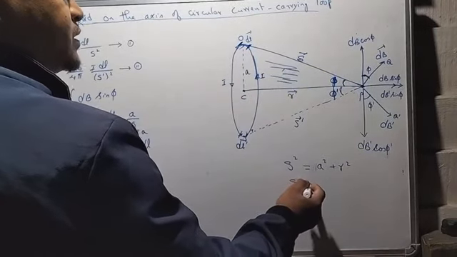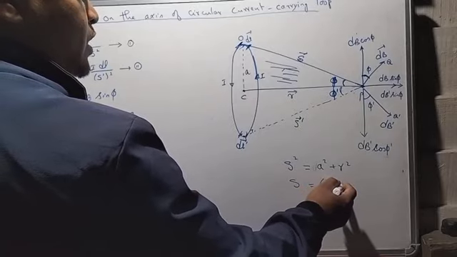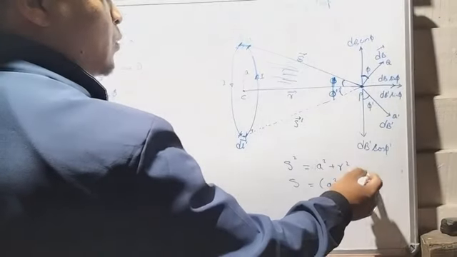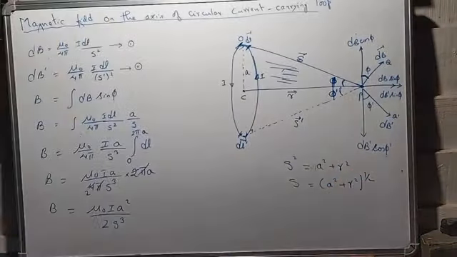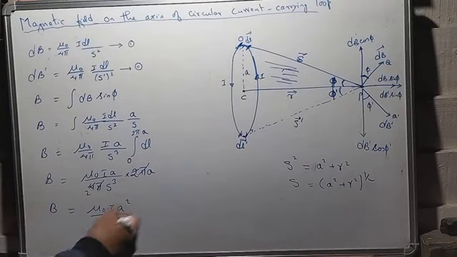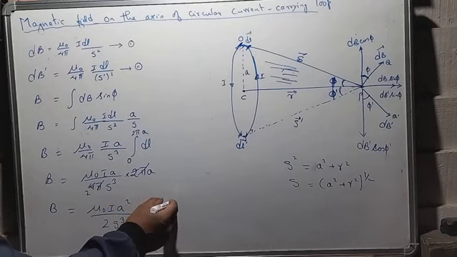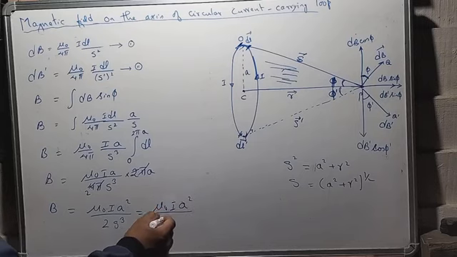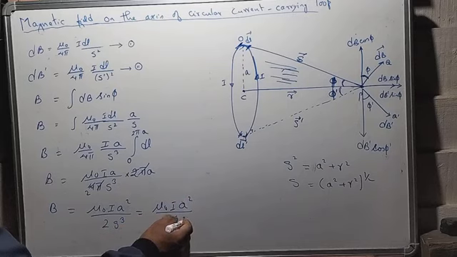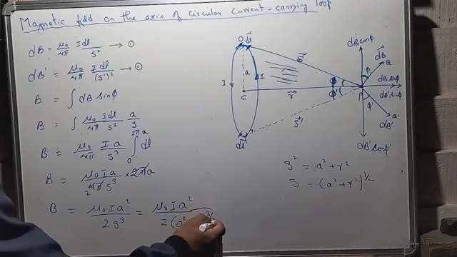Or s is equal to a square plus r square to the power half. So if s is equal to a square plus r square to the power half, then B is equal to mu naught I a square upon 2 times, instead of s cubed, a square plus r square to the power 3 upon 2.